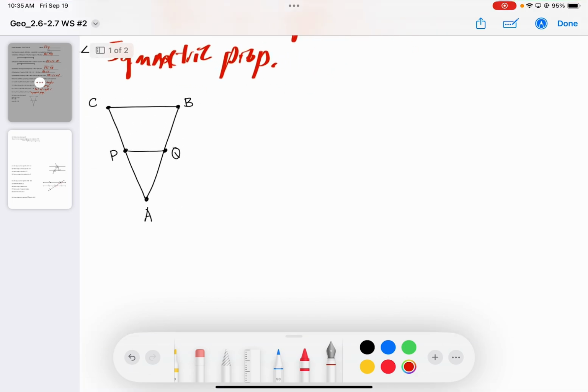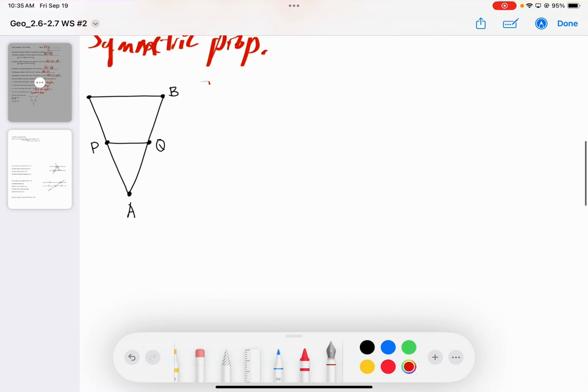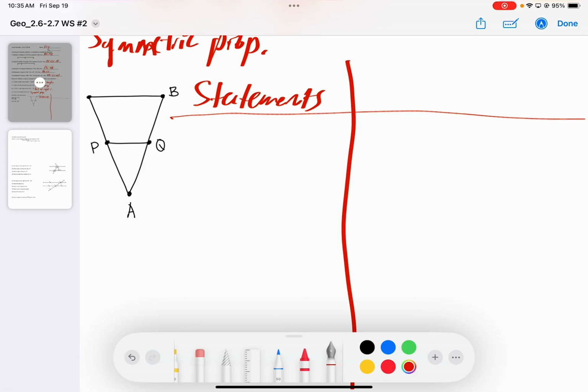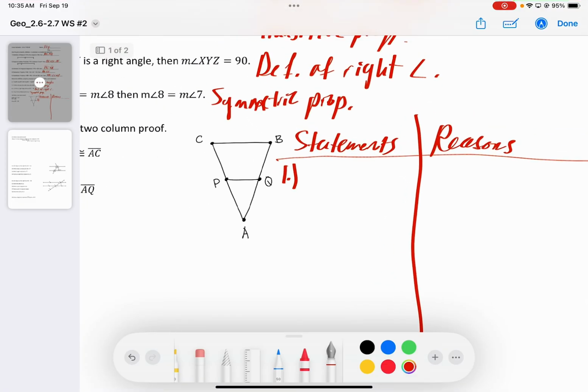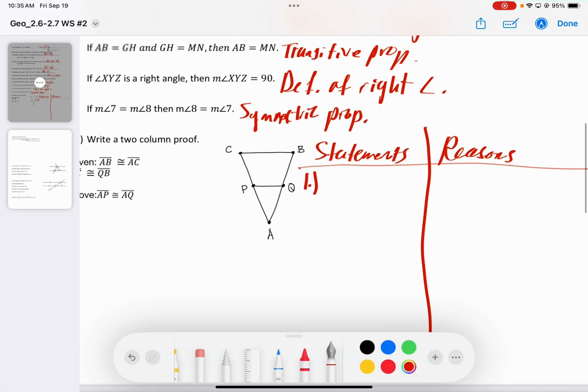I'm going to try to write this small, but we'll see how that goes. All right, so statements, reasons. Okay. All right, so the first thing we want to do is list our givens. You can either do it as 2 steps or as 1 step. I usually like doing it as 2, but it doesn't really matter.